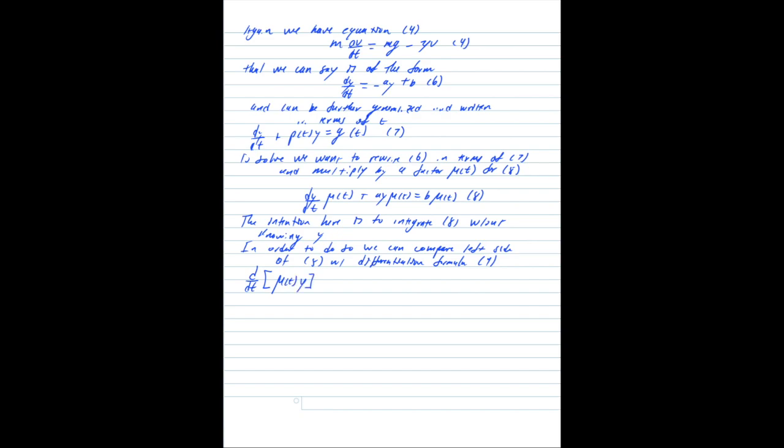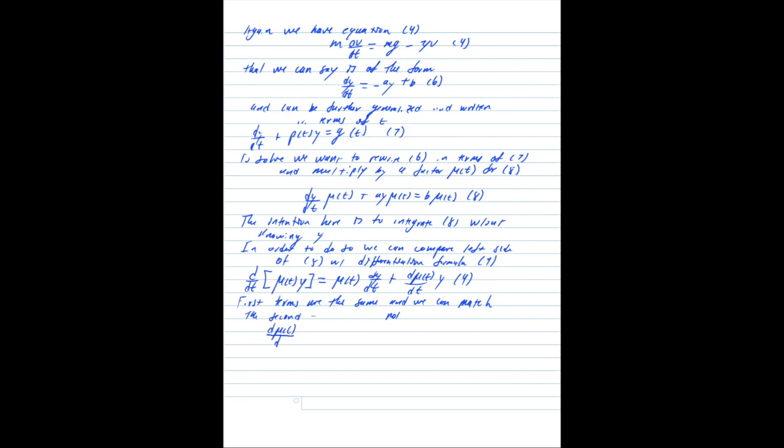And the overall intention here is that we want to integrate equation 8 without knowing y. And in order to do so, we can compare the left side of equation 8 with the differentiation formula, equation 9. So equation 9 is mu(t) times dy/dt plus d mu(t)/dt times y.